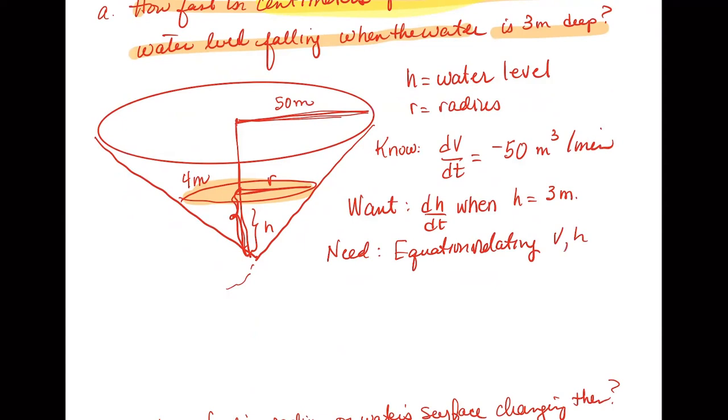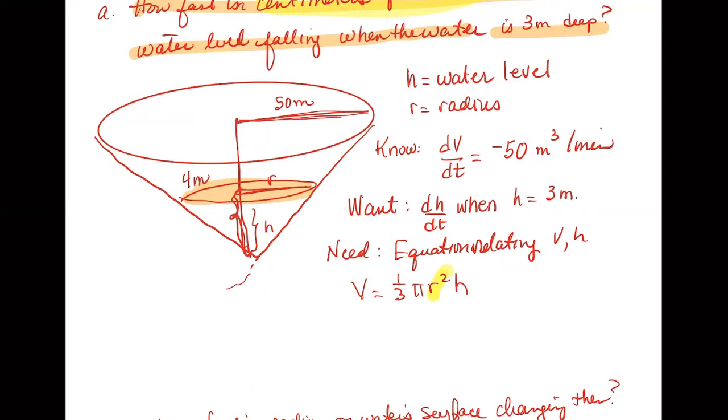And when you're talking about a cone, the volume of a cone is 1/3 pi r squared times H. The problem here is this R. They've neither told me how fast the radius changes, nor have they asked me how fast the radius is changing. And if I leave it like this, I'll have to use the product rule on it. So what I would like to do is somehow rewrite R in terms of H.